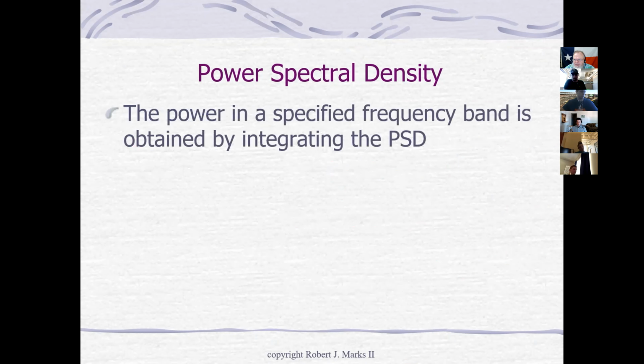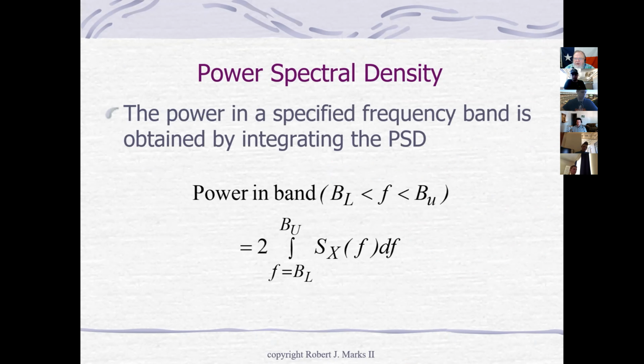The power in a specified frequency band is obtained by integrating the power spectral density. So if we have a band in the interval, for example, from minus b sub L to b sub L, b sub upper, lower and upper, and we have some sort of power spectral density here, then the power that is in this frequency band is equal to the area of this.